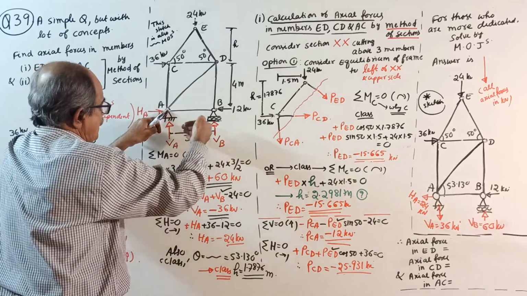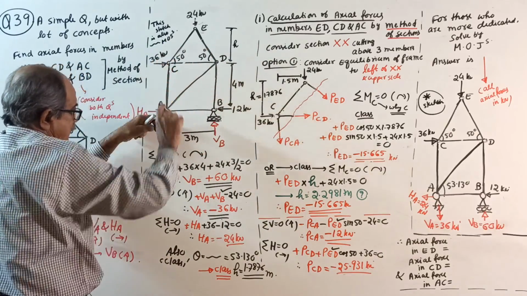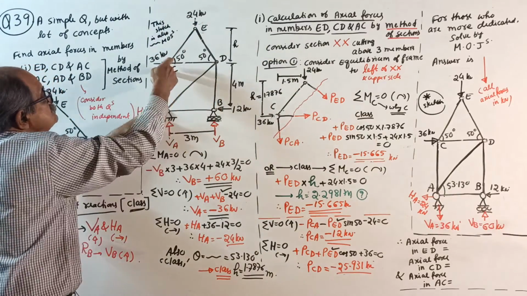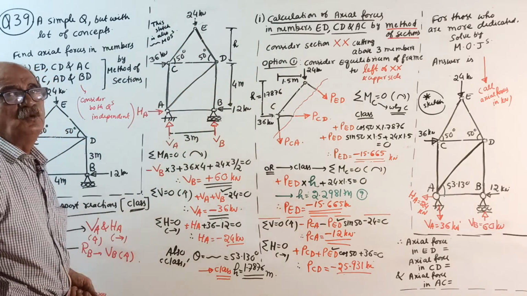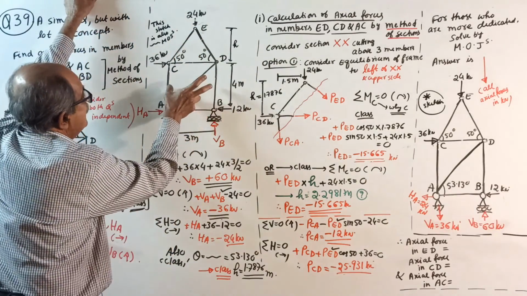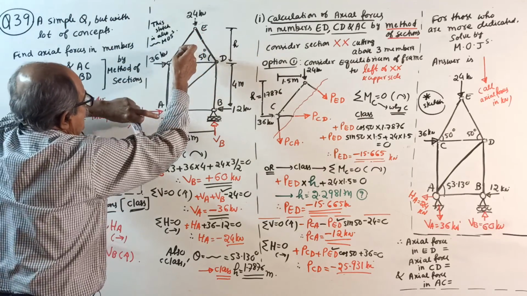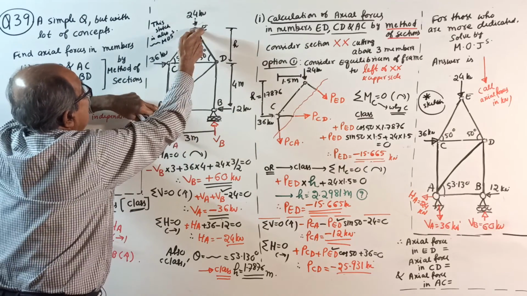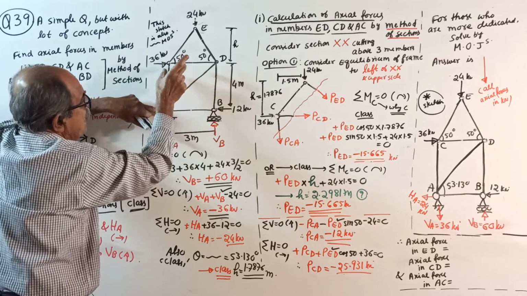Take moment about A. Minus VB into 3, plus 36 into 4, plus 24 into, high school student will tell, this is 3 meter, this is 50 degree, 50 degree. So when you take moment about A, 24 into this distance, exactly center here, so if it is 3, it is 3 by 2.